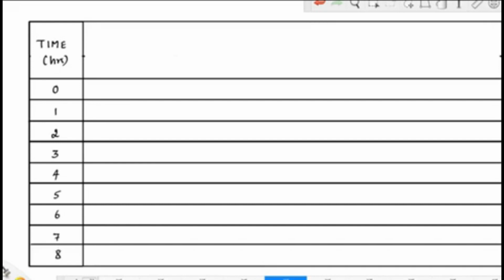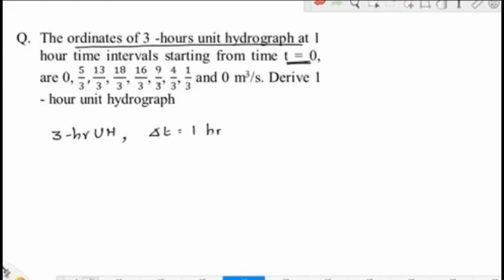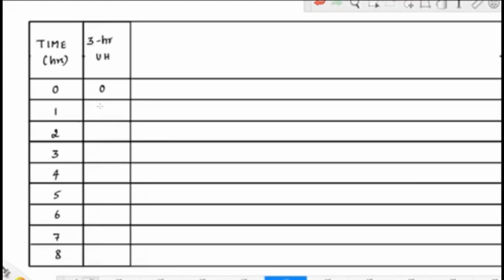The next column is the given 3-hour unit hydrograph, with values 0, 5 by 3, 13 by 3, 18 by 3, 16 by 3, 9 by 3, 4 by 3, 1 by 3, 0.